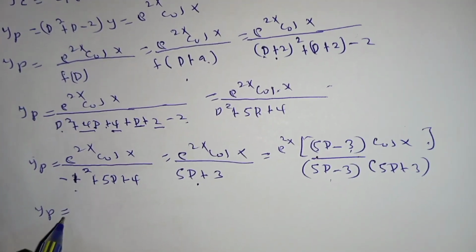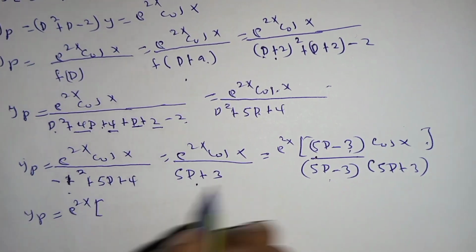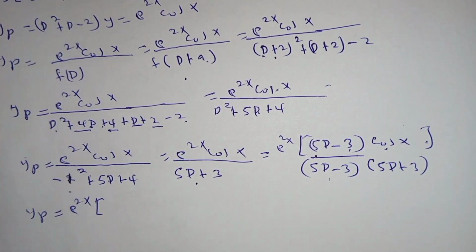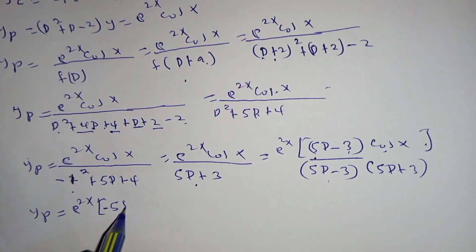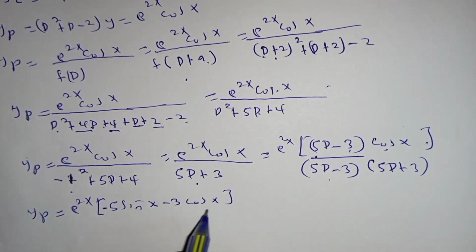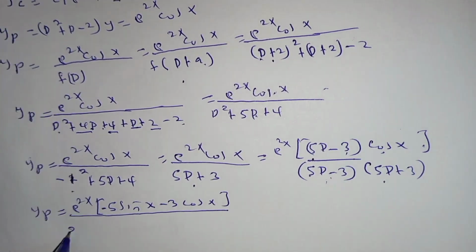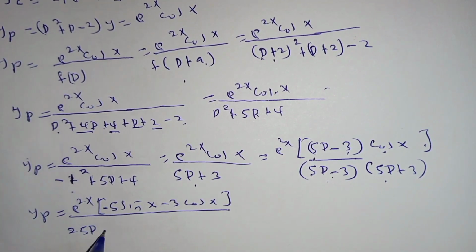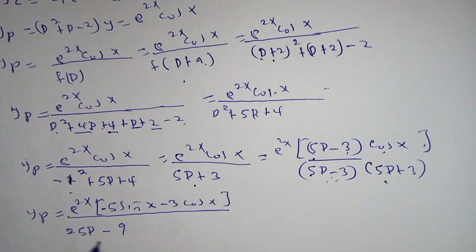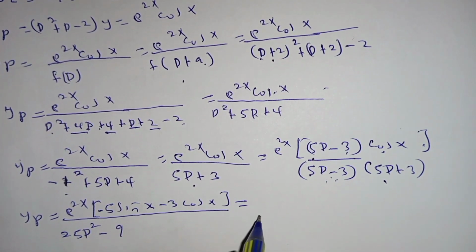So yp is equal to exponential 2x into bracket. D means we differentiate. When you differentiate cos of x, it will give you minus sine of x. So you will have minus 5 sine of x minus 3 cos of x. We close the bracket, divide by 5 times 5 will give you 25 D squared minus this and this will give you 9, because it is a difference of two squares.